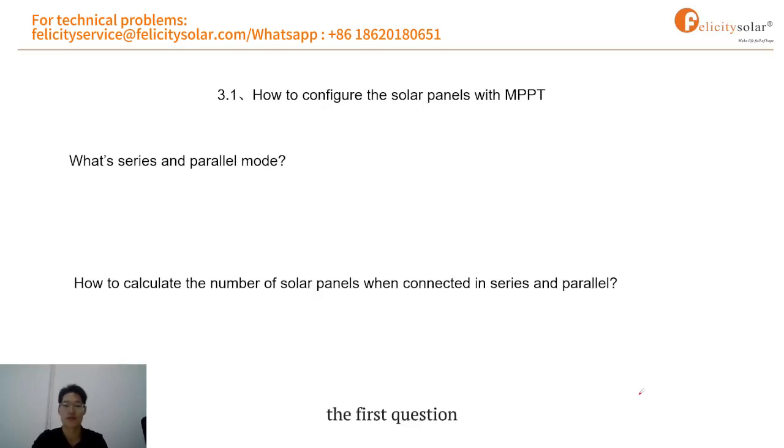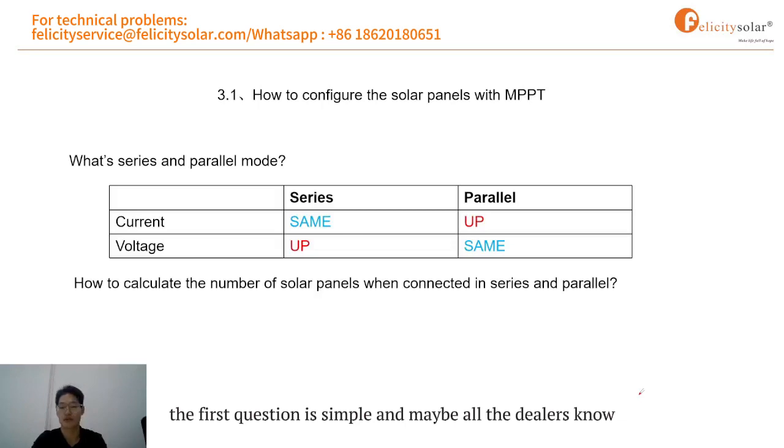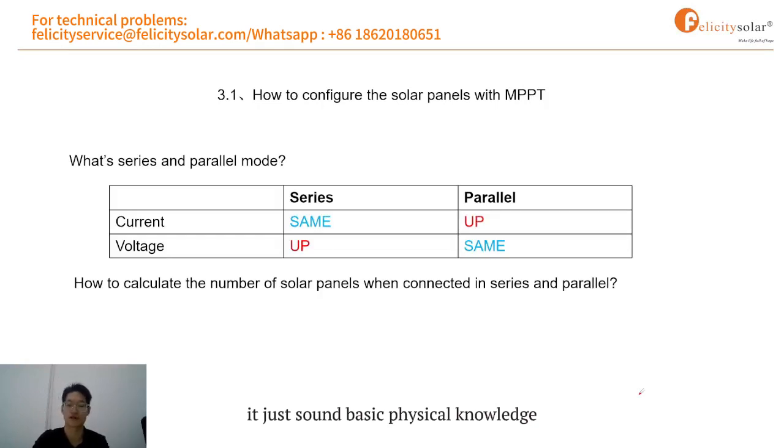The first question is simple, and maybe all the dealers know. It's just some basic physical knowledge. When you connect the panels in series, the current will stay the same, but the voltage will be different.